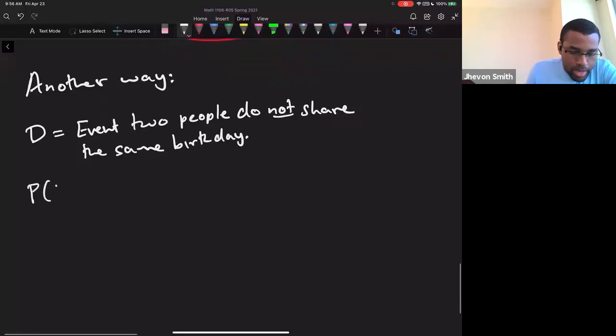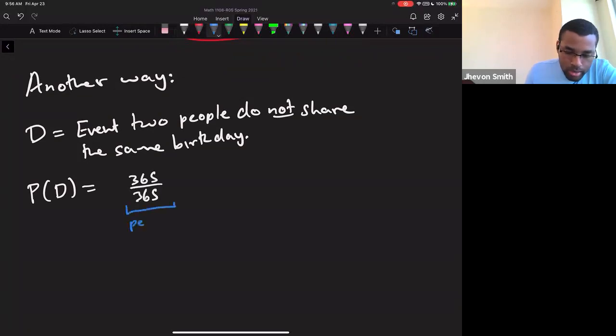So the probability of that is going to be, again, person one can choose 365 out of 365 days. He is unrestricted. And then person two, you can multiply by 364 over 365.